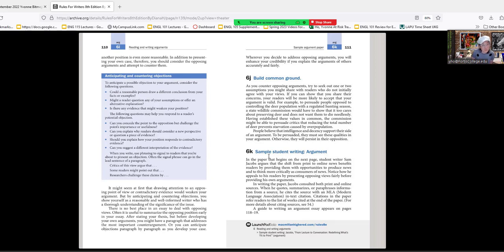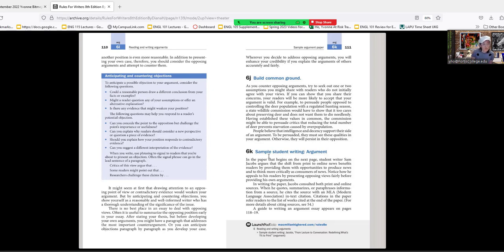Could a reasonable person draw a different conclusion from your examples? Might a reader question any of your assumptions or offer an alternative explanation? Is there any evidence that might weaken your position? If you can think of these and other questions, that's how you would consider how to write the opposing view.